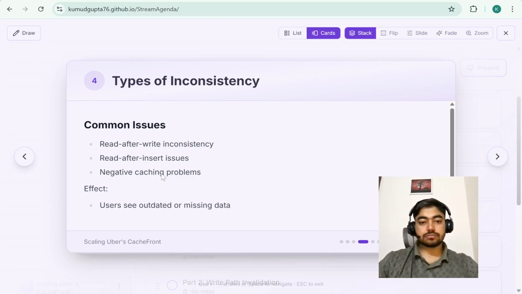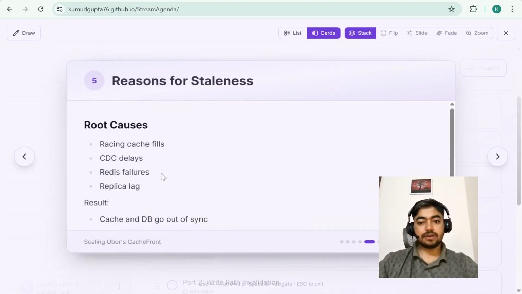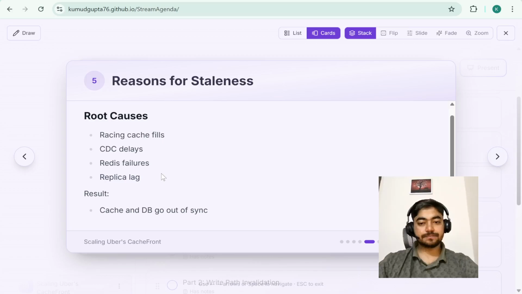So let's understand why this happens, and what the root causes are. Multiple workers might race to update the cache, and the CDC pipeline can have delays. Redis nodes can fail, replicas might lag. So all of these can lead to the cache and data going out of sync.